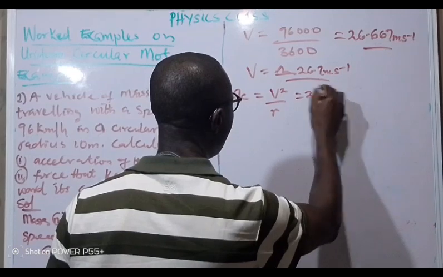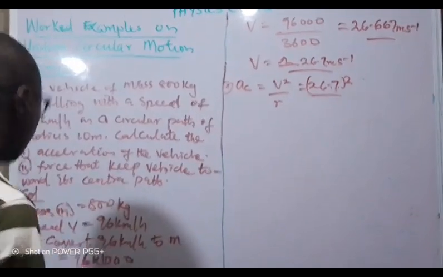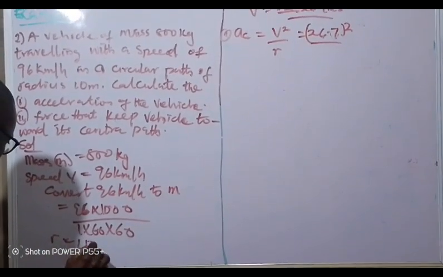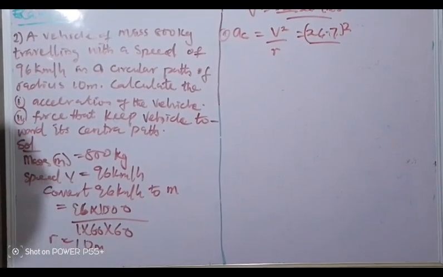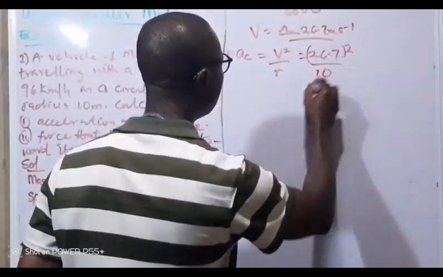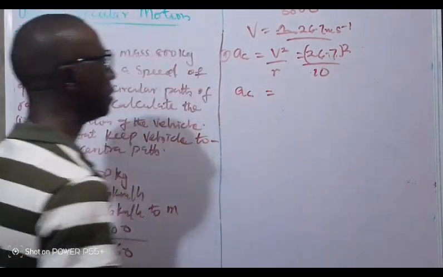26.7 squared, and the radius given in the question is r equal to 10 meter, so that over 10. So AC, that is centripetal acceleration.